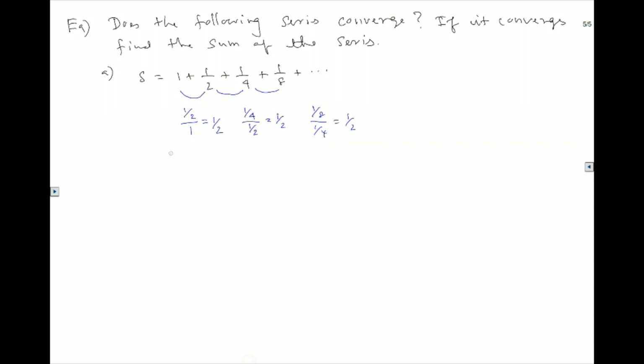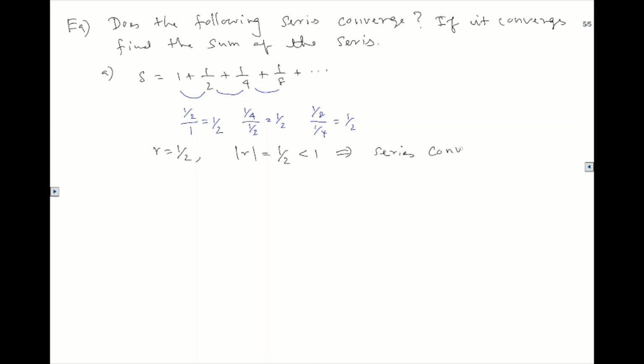So r equals 1/2. That's the first step: find r by dividing two consecutive terms. Then the absolute value of r, which is 1/2, is less than 1, so that means the series converges.